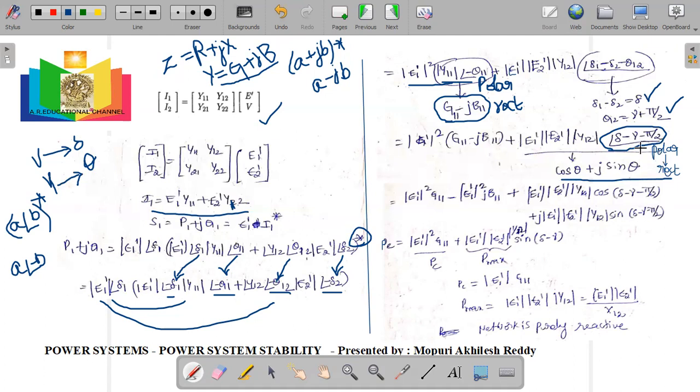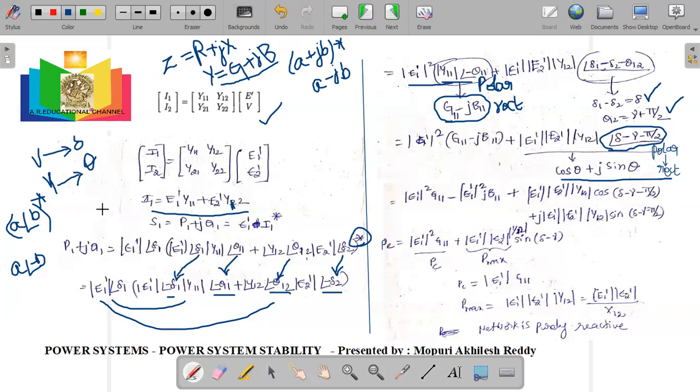So I am converting the angle alone from polar form to rectangular form. So I will get E1 dash E2 dash Y12 times cos of delta minus gamma minus pi by 2 plus j sin of delta minus gamma minus pi by 2. I converted this angle from polar form to rectangular form. So I got this equation.